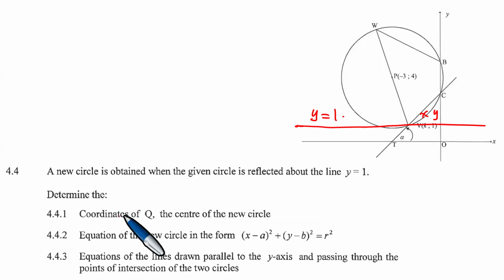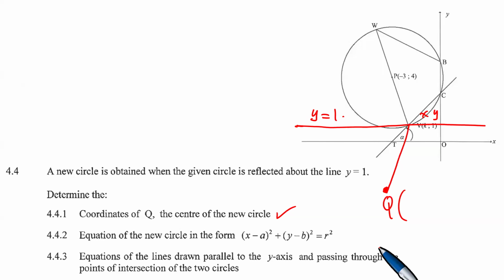They're saying determine the coordinates of Q, the center of the new circle. In other words, this is the line y equals 1, and the reflection is going to be like this, giving a Q with the coordinates of some points.